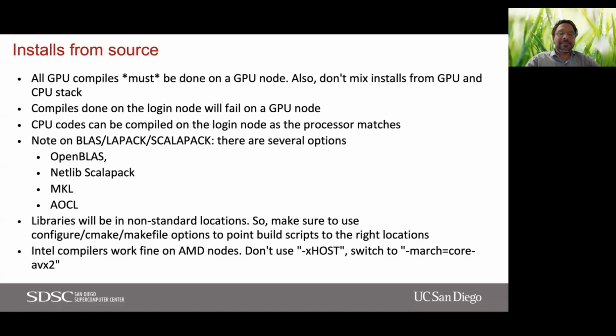So for example, if you're following along compile directions from some online help guide for a particular package, and it says, oh yeah, it should be in /usr/include. Well, it's not going to be in /usr/include. It's going to be in whatever that whole path is, in include. So you have to change your options to point your build scripts to the right locations.